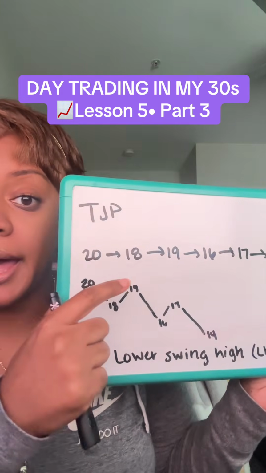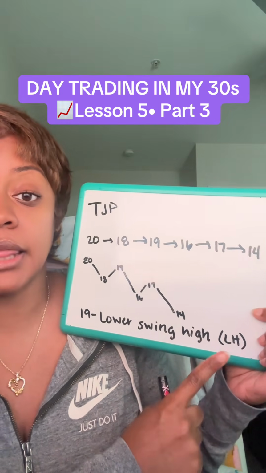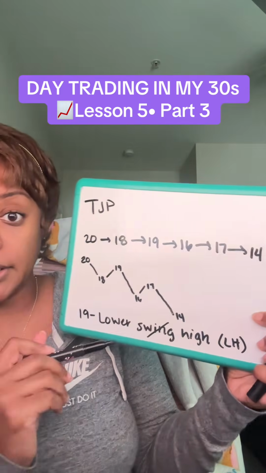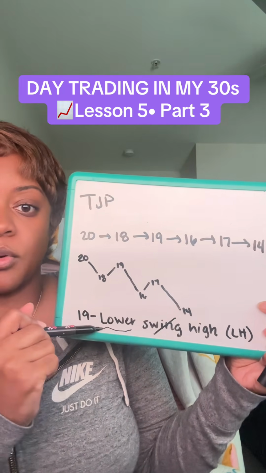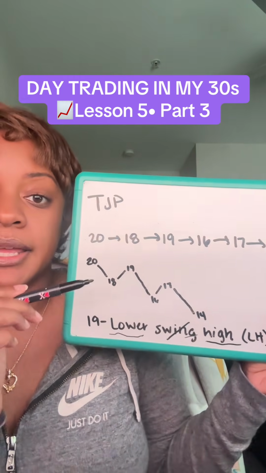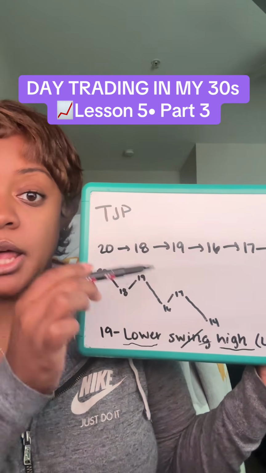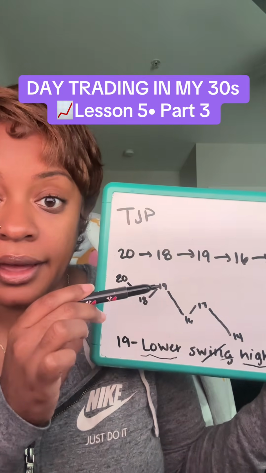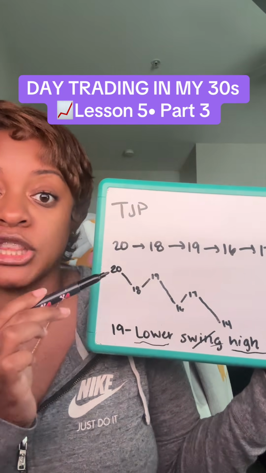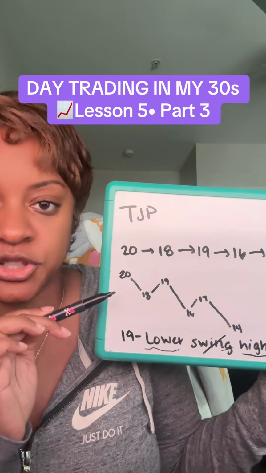It's still a swing high. 19 is a lower swing high, which is abbreviated as LH because we slash out the swing and it just becomes a lower high. LH. It's still at the mountaintop. It's still at the peak. It's still at the top of the graph. So it's still a swing high, but it's just lower. The new swing high is lower than the previous swing high because 19 is less than 20.